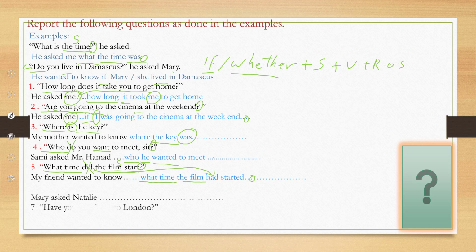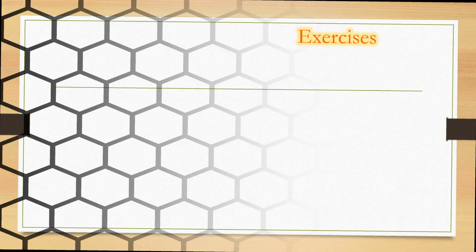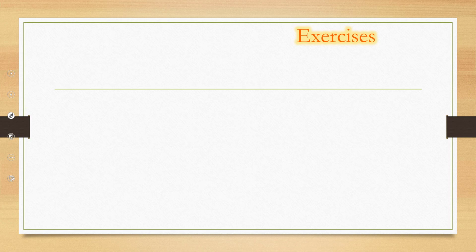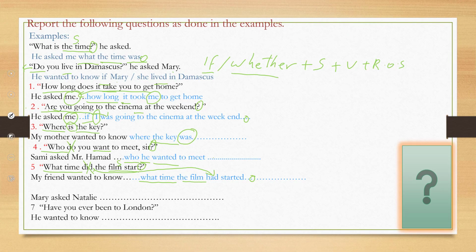Mary asked Natalie, have you ever been to London? She said, or he wanted to know. First, I should write if. Have you ever been to London? He wanted to know. Because it is an auxiliary verb, I should start the sentence with if or whether.